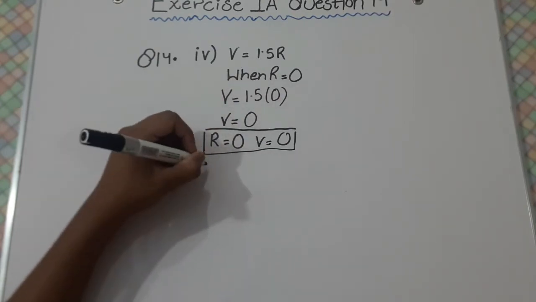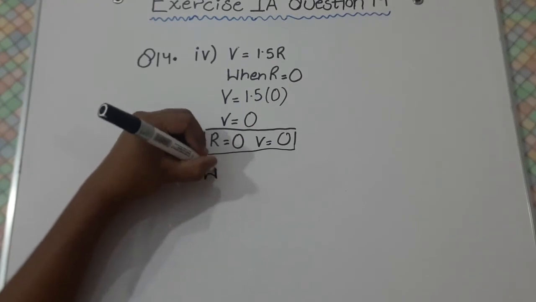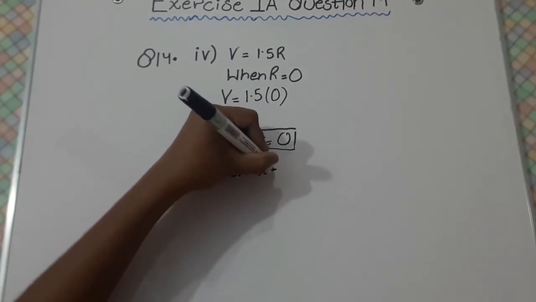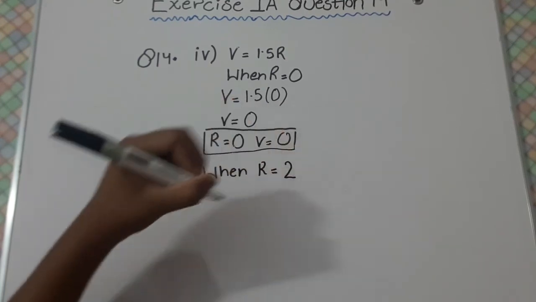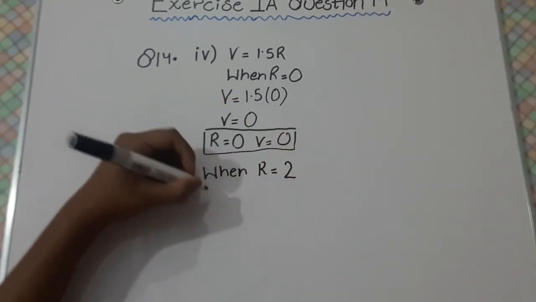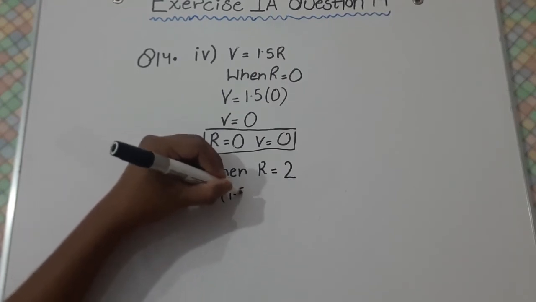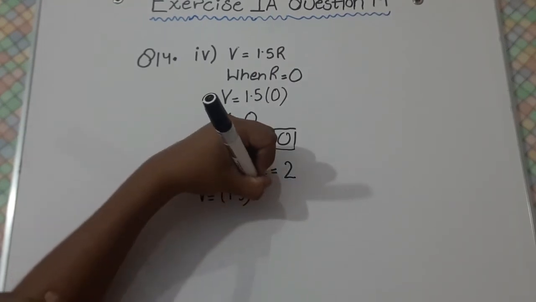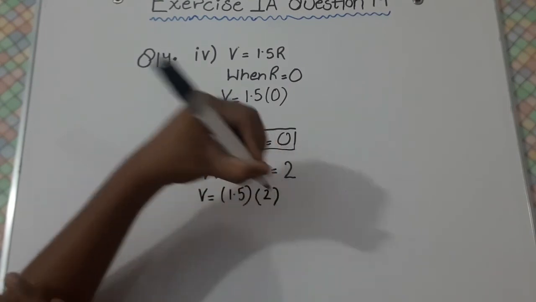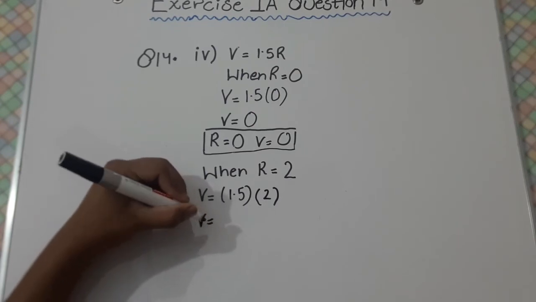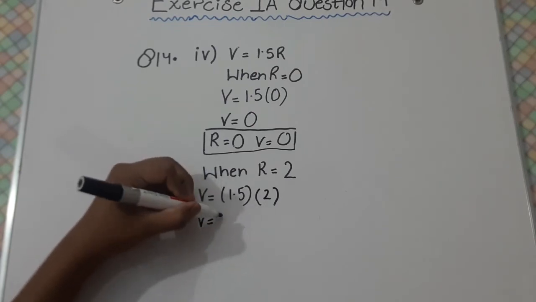So I have estimated another number, when r equals 2. Let's solve it again. v equals 1.5 and 2. Both numbers are multiplied and we get a value of 3.